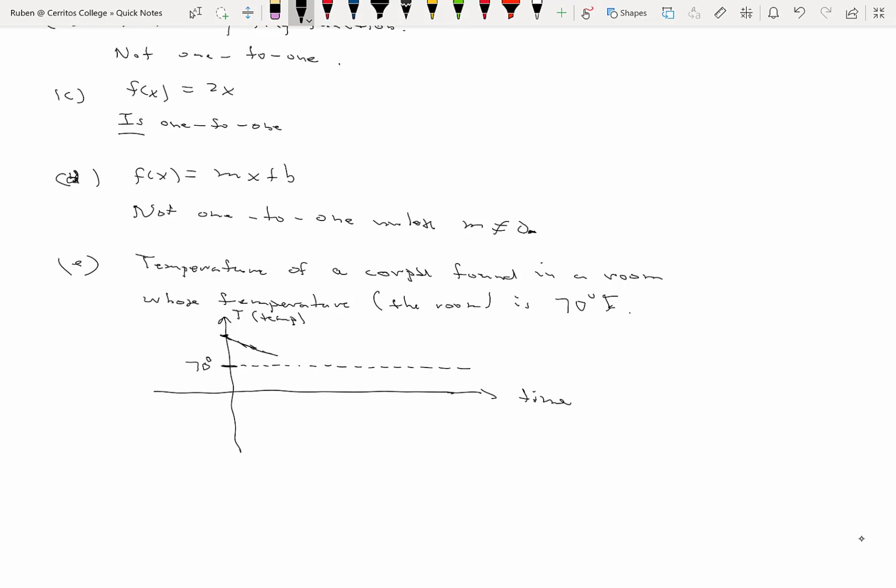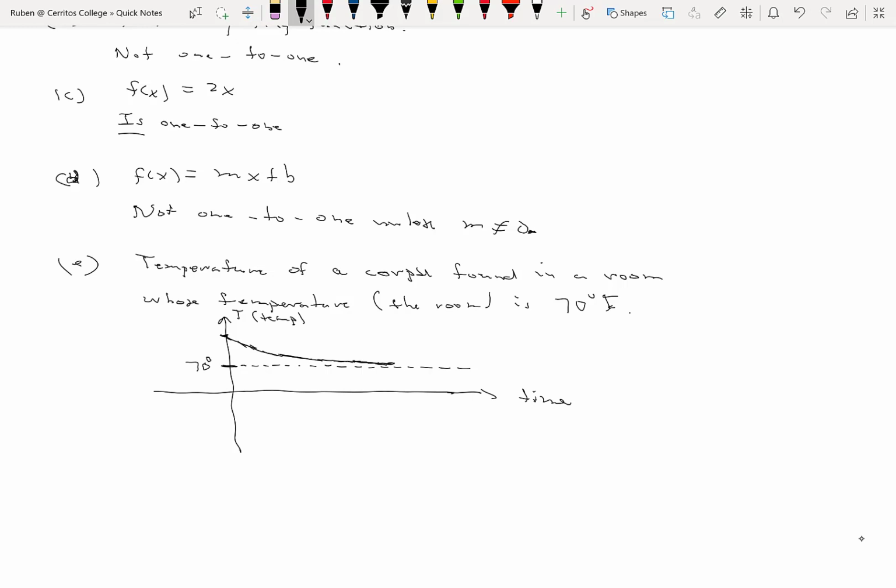And there's an important mathematical model for the temperature, and it's called Newton's law of cooling. That model says that the temperature will asymptotically approach the temperature of the room. So, in fact, it's a certain type of exponential function.